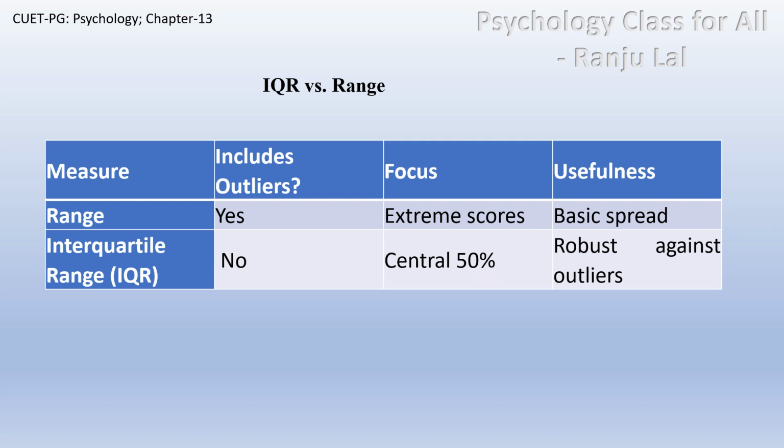Range focuses on extreme scores as well, but interquartile range focuses on only the central 50% of scores. Range is useful for basic spread, and interquartile range is useful as a robust assessment against outliers.